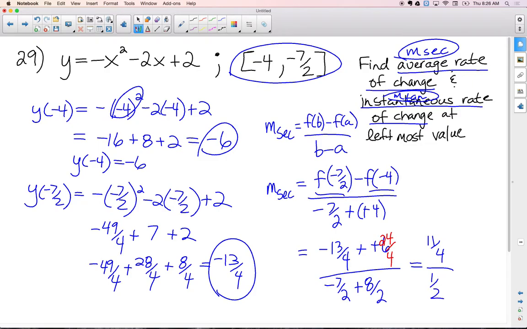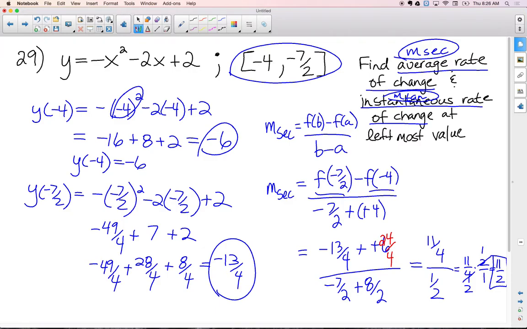Then I multiply by the reciprocal, which is the same thing as multiplying by 2. So we're going to have 11/4 times 2 over 1. The 2 cancels, so we're going to end up with the slope of the secant line of 11/2. So there it is, slope of the secant line of 11/2.